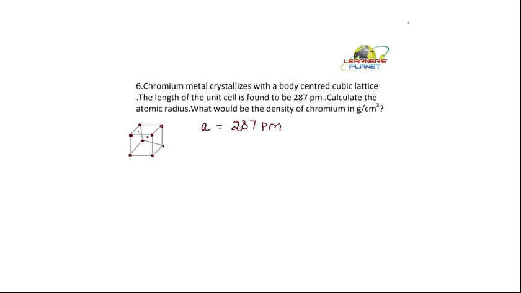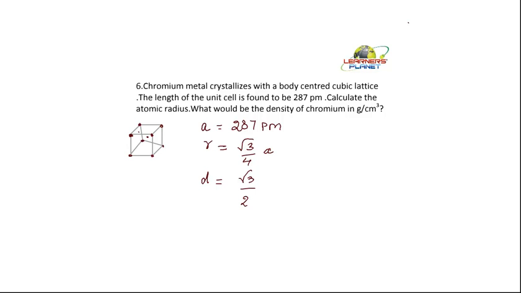Now, what is the radius and edge length relationship? The radius is equal to root 3/4 a. Right? What would be the nearest neighbor distance, students? The nearest neighbor distance would be equal to root 3a/2.